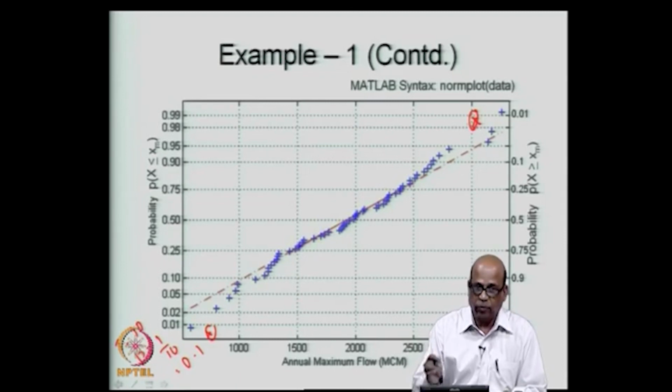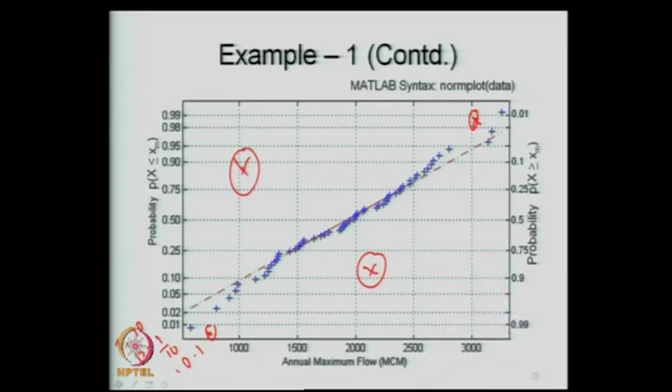And you may not have just one outlier like that, you may have a series of outliers. Let us say some outlier may lie here, somewhere here, and some other value may lie here, etcetera, whereas most of the other data are all around the line. Now, in that case, first of all, these are outliers.